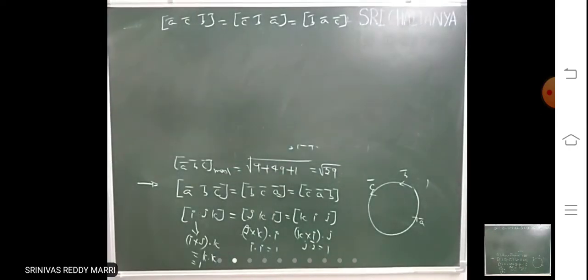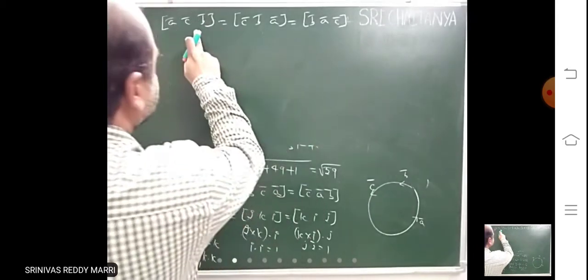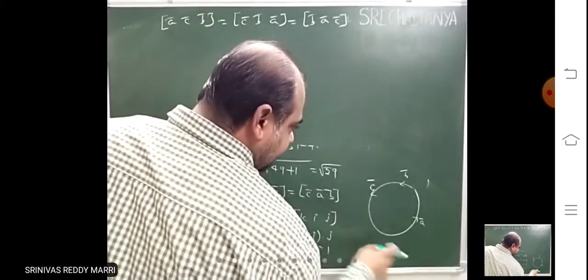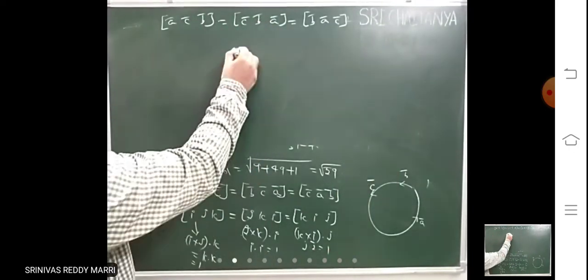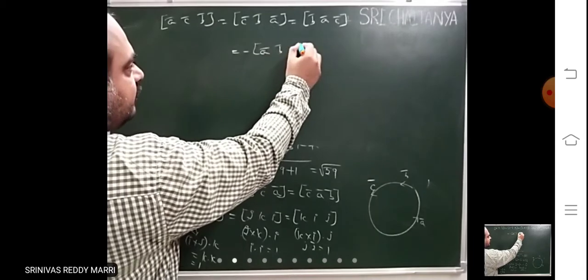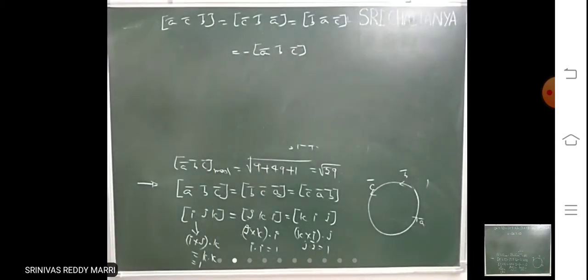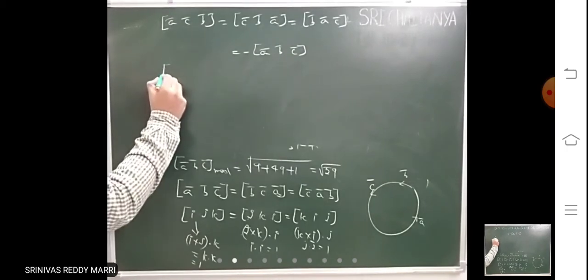Like this, A bar, C bar, B bar; so C bar, B bar, A bar, clockwise direction; B bar, A bar, C bar, clockwise direction. This is nothing but minus box of A bar, B bar, C bar. Suppose take this one.